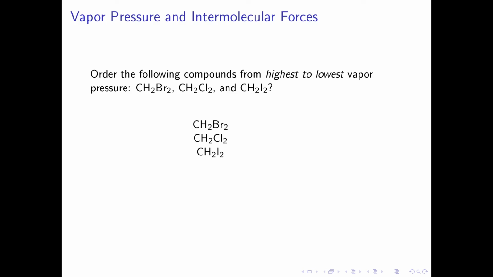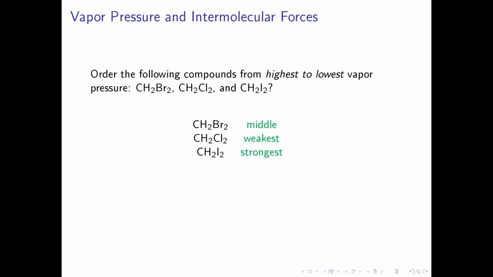Recall that dispersion forces are determined by the size of the atoms in the molecule. And since we want the highest to lowest vapor pressure, we want to begin with the molecule that has the weakest intermolecular forces. Since chlorine is the smallest of the three halogens included here, we would expect CH2Cl2 to have the weakest intermolecular forces.